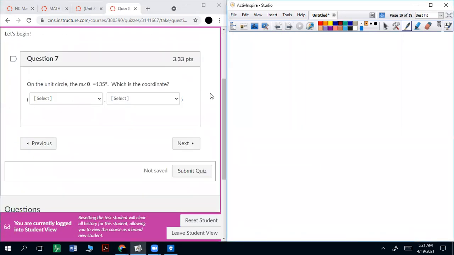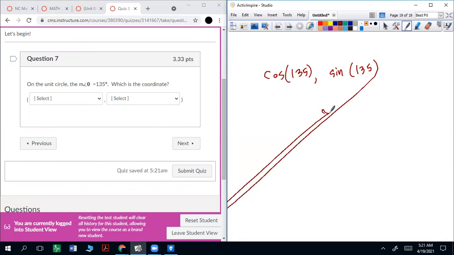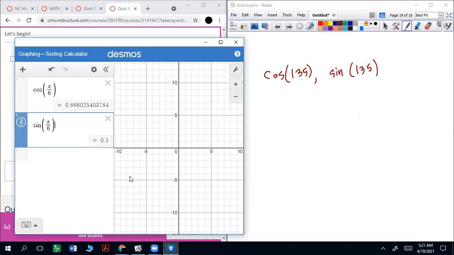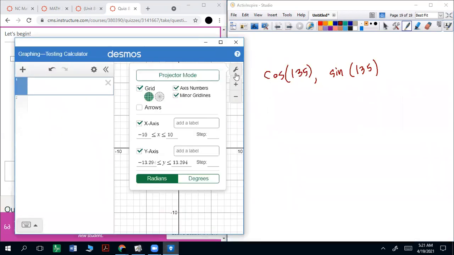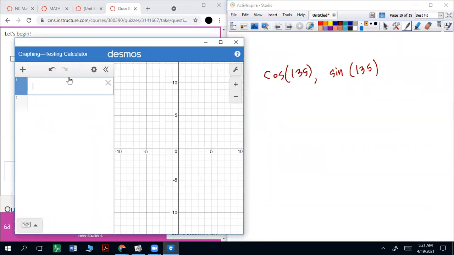All right, number 7. Degrees, so cosine of 135 and sine of 135. Make sure you're in degrees.